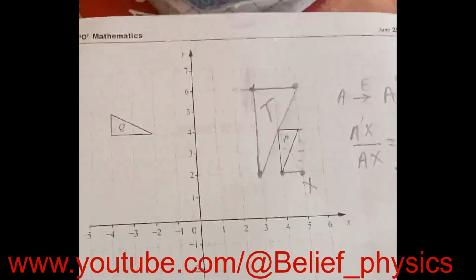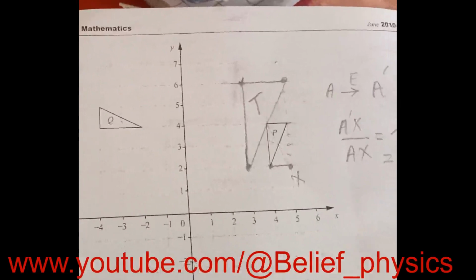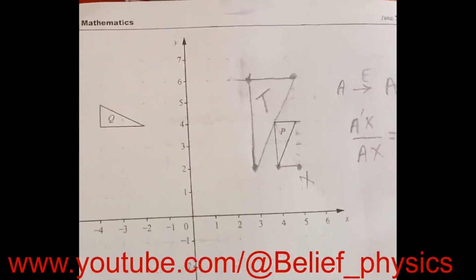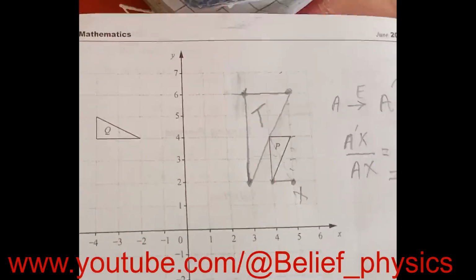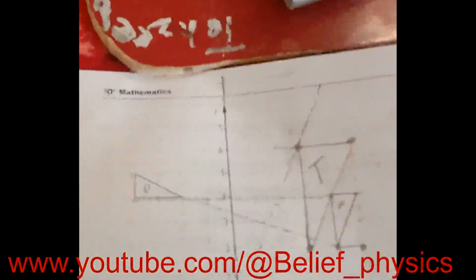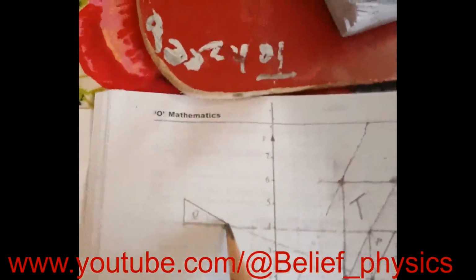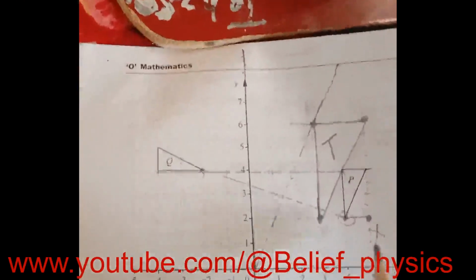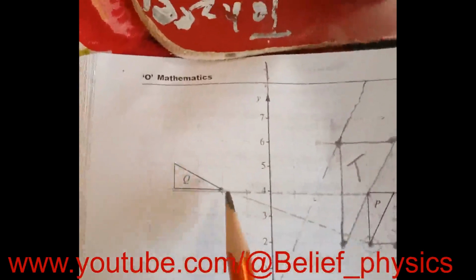The point where the perpendicular bisectors meet will be the center of rotation. I will draw it for you and show you. Look here. This point is the object and its image is this.